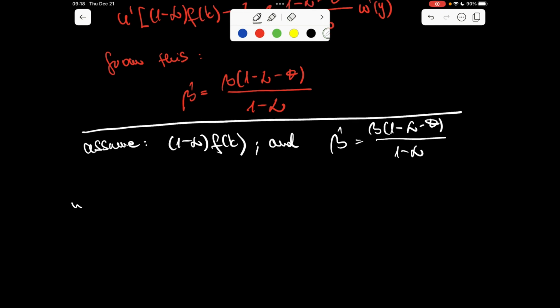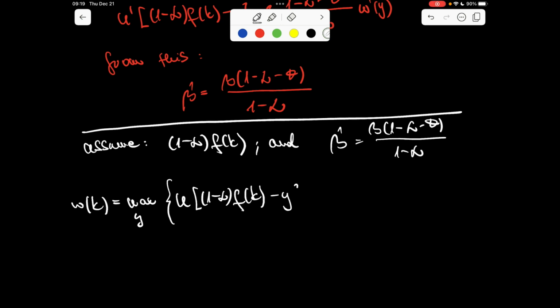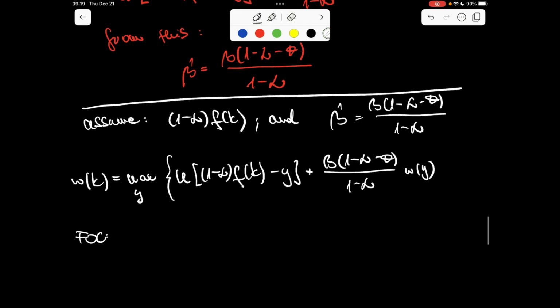So the social planner's problem in this economy can be easily described by this Bellman equation. We are approaching the finish line. Now we are using this new discount factor. From this, the first order condition is very simple.